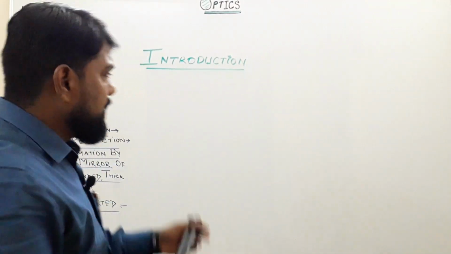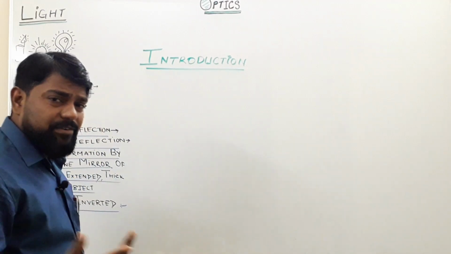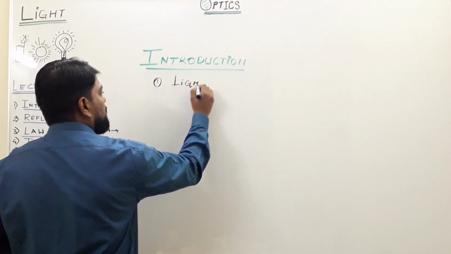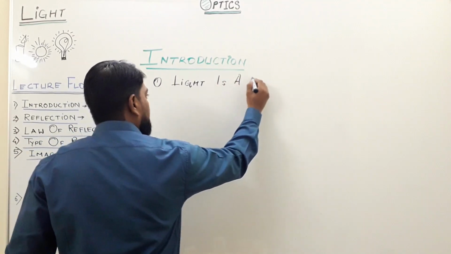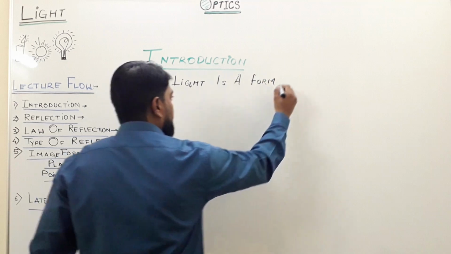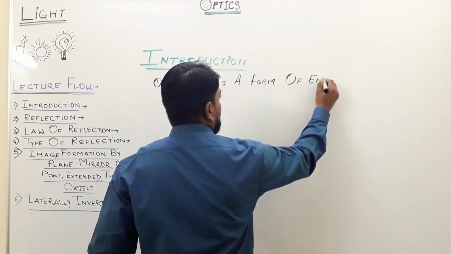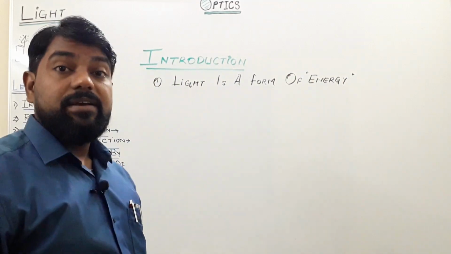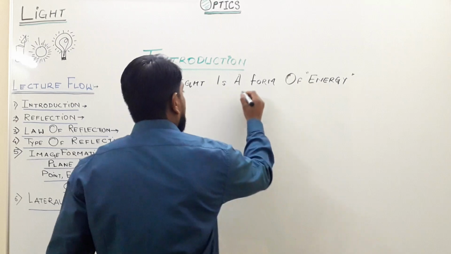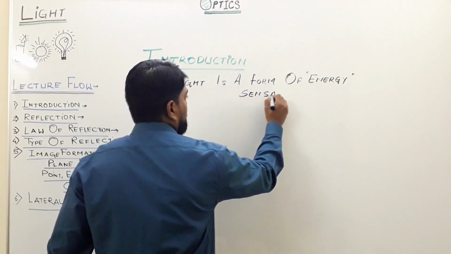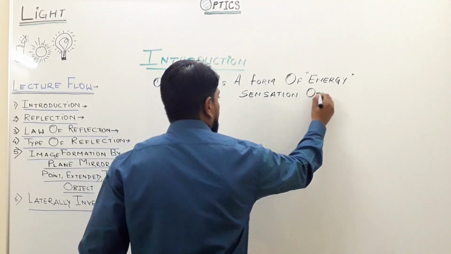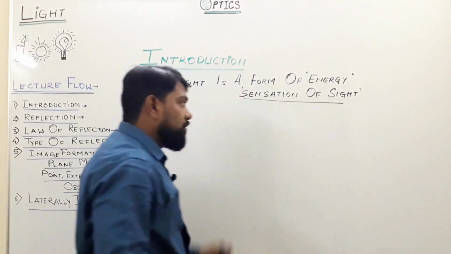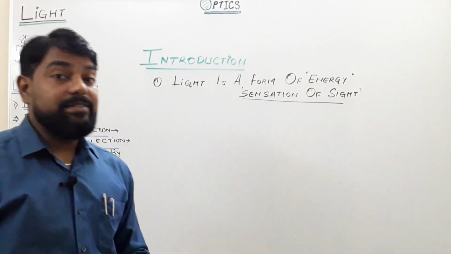As we know, in our previous junior classes we discussed that light is a form of energy which gives a sensation of sight. What does it mean? It means that only in the presence of light are we able to see objects. So light is a form of energy which gives a sensation of sight.